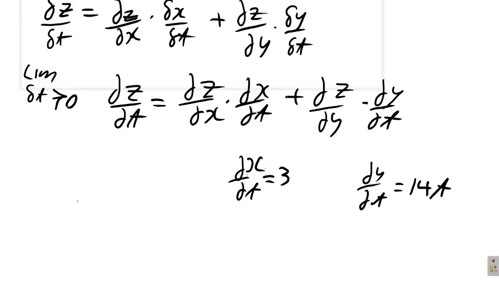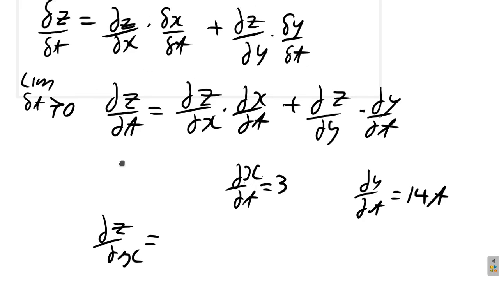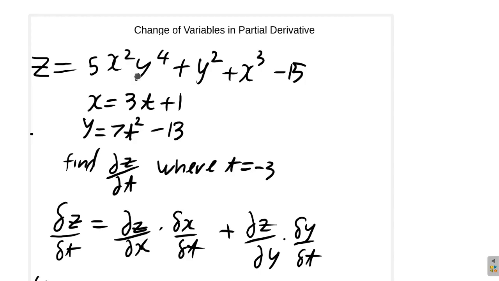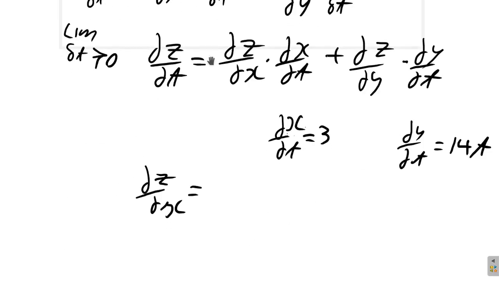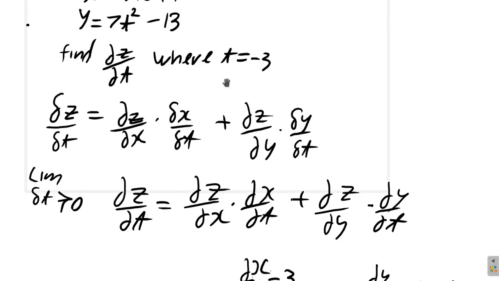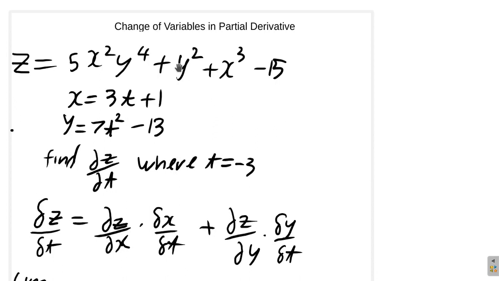Now, what is delta z by delta x? Let's see. The partial derivative of z with respect to x is going to be 5 times 2, 10x y to the fourth. Remember, y we treat as if it's just a constant for now. The y squared term gives 0 and the negative 15, a constant, gives 0.